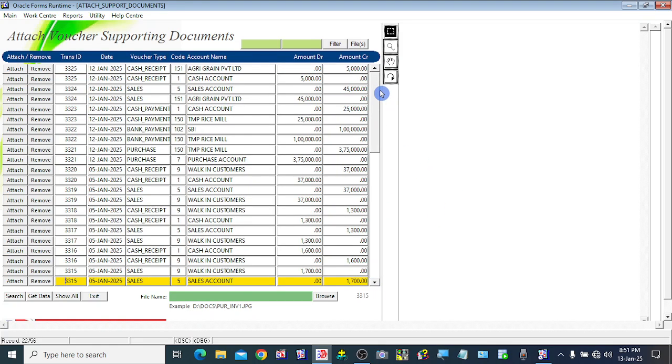The benefit is, if you want to see the supporting documents against any voucher, instead of searching in the physical file or pulling the physical supporting document from the various files you are maintaining in your office, by sitting in front of the computer, with a single click, you can see the supporting documents on your computer screen.